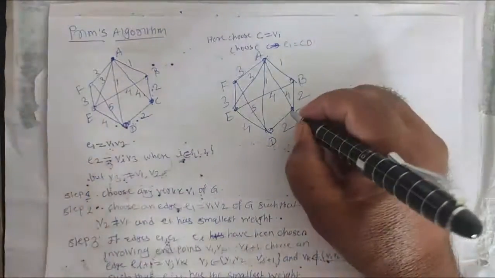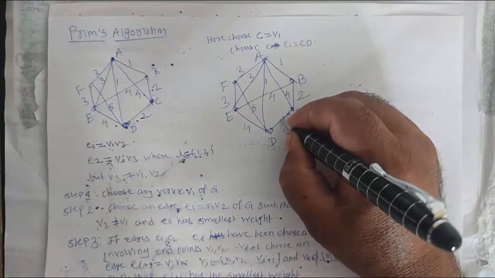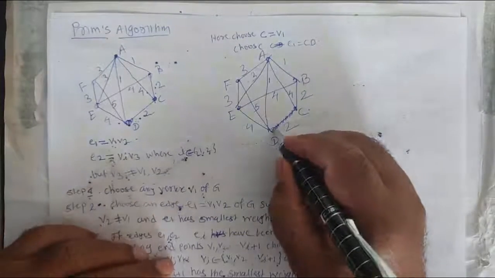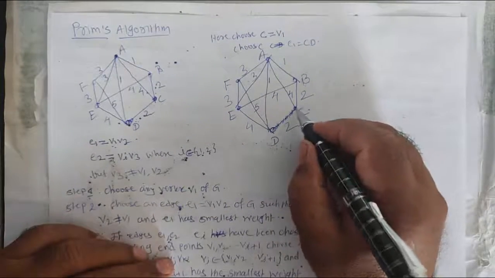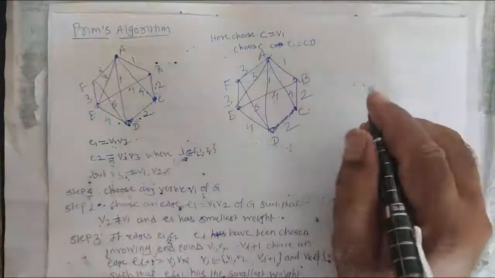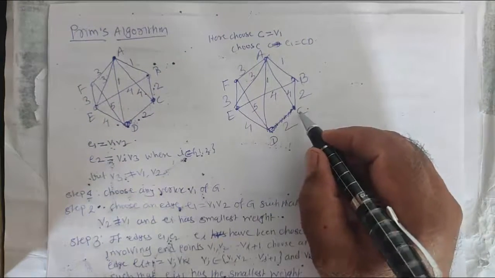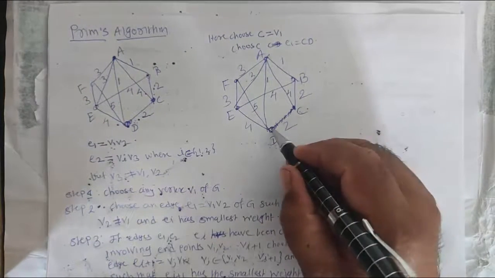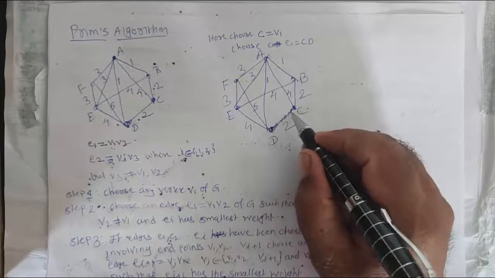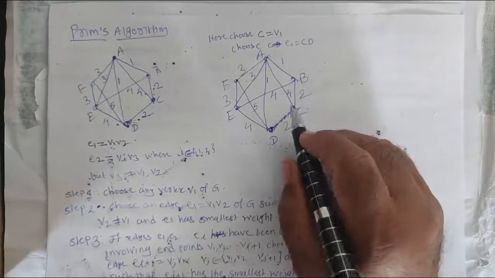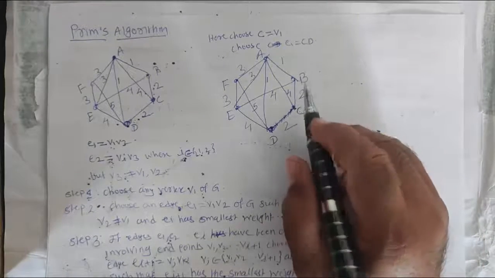Here we choose this edge. Now choose the second edge, which is incident to either C or D and whose weight is minimum.